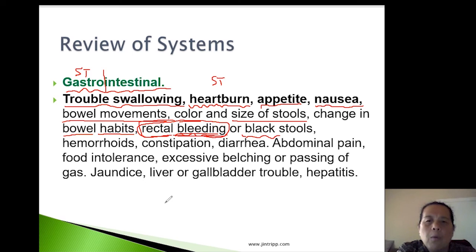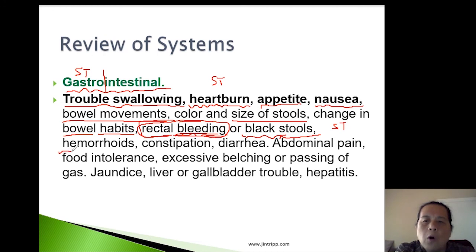Maybe before, most after bowel movement. But if the bleeding comes from the upper digestive system, especially the stomach, the passing stool will be black stool. You will not see the red color in there, but still it is bleeding.